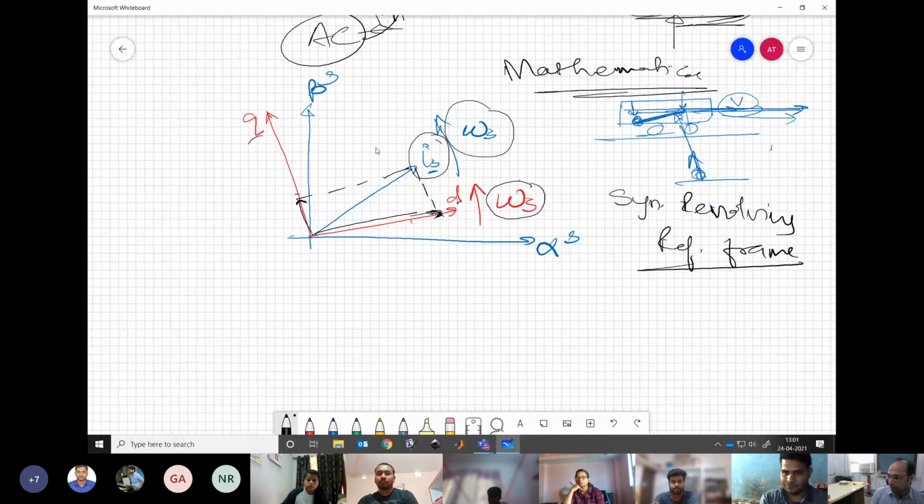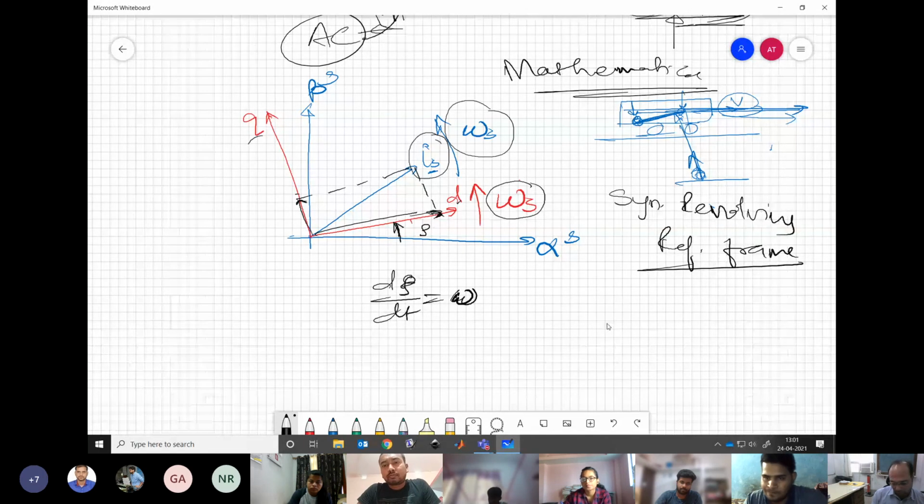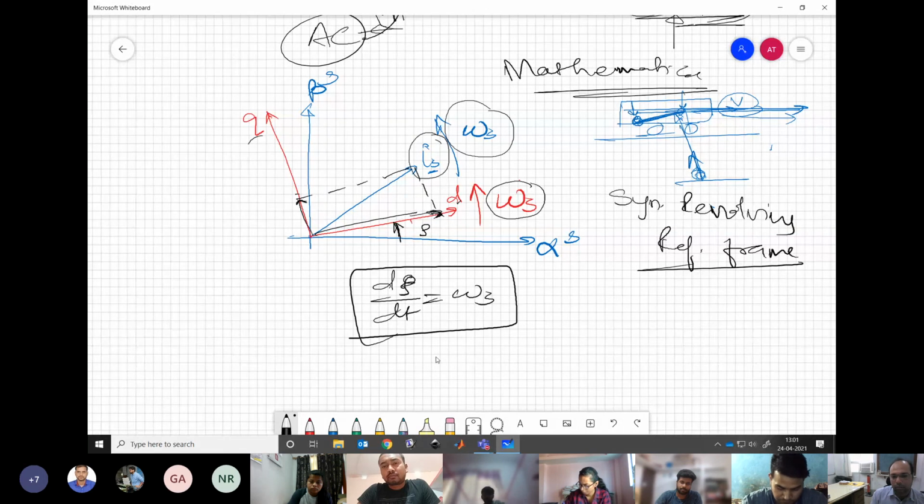Am I clear? Now, this reference frame, let us say, is making angle rho. So, this d rho by dt is what? Our synchronous speed. Understanding my point?